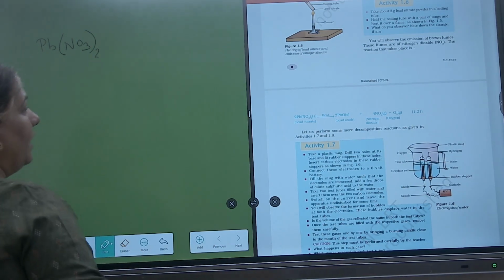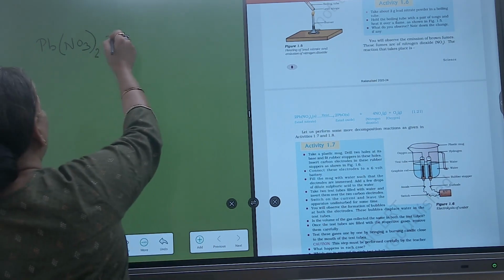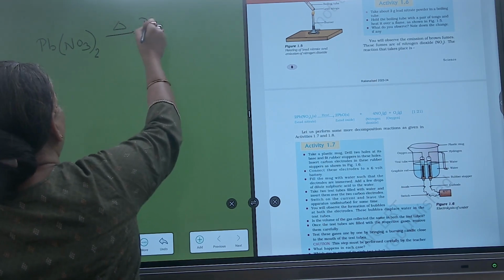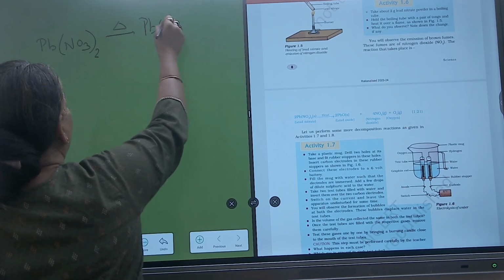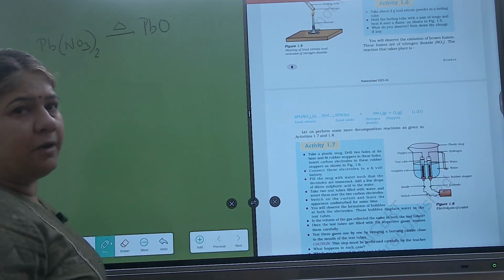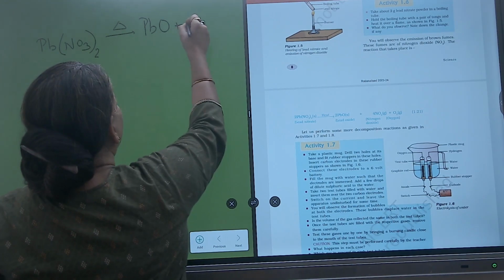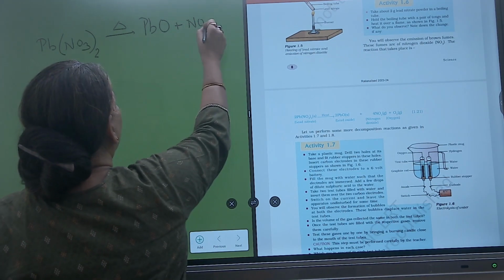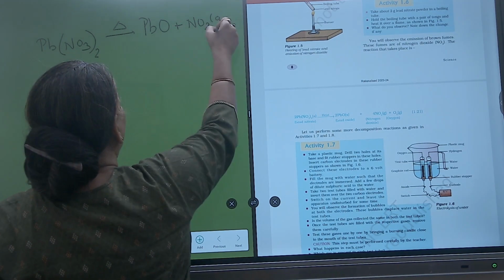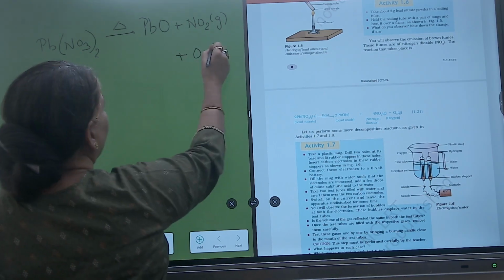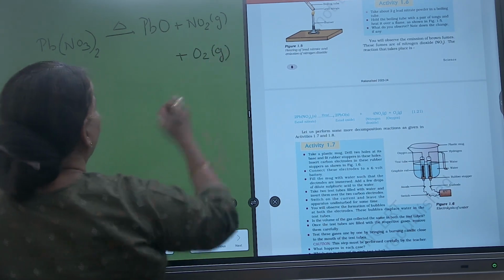Okay. Lead nitrate on heating will form the product lead oxide. This is also called lead monoxide, and brown fumes of nitrogen dioxide gas are evolved, plus oxygen is also evolved during the reaction.